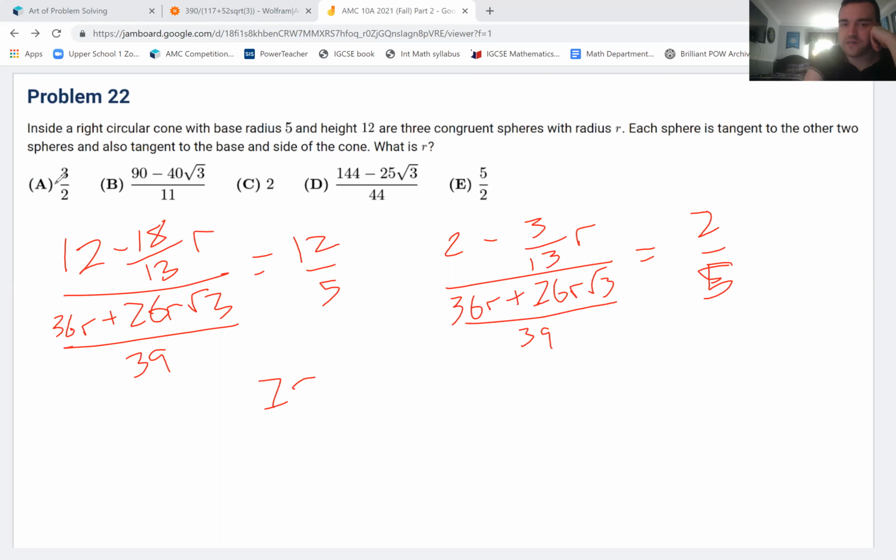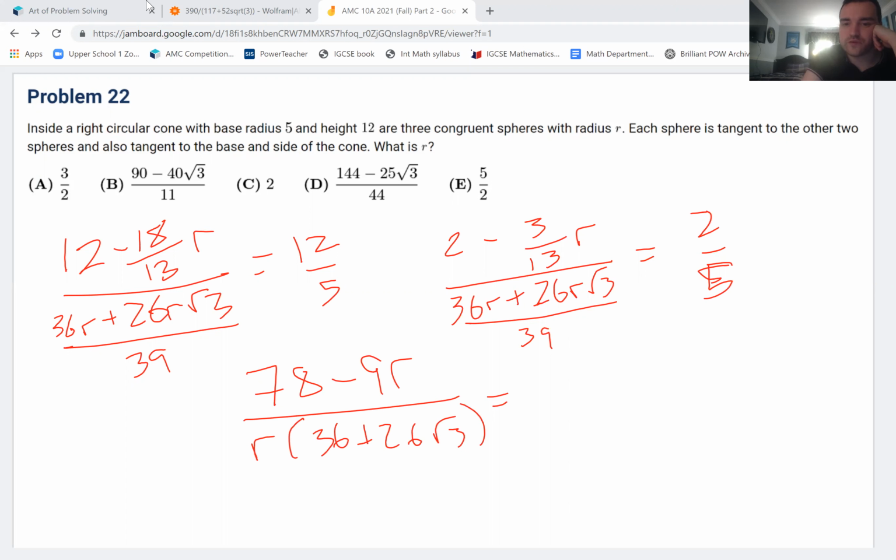What that gave me is 78. Whoops, let me draw that better. I don't have a stylus, I'm using my finger, that's why it's not great. So it's (78 minus 9r) over r times (36 plus 26 root 3) equals 2 over 5.